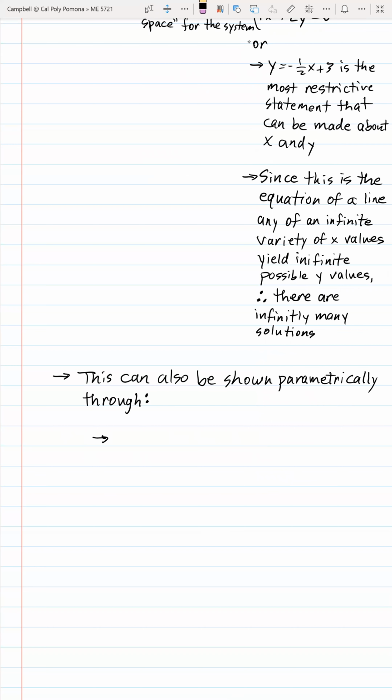And how can we do that? Well, let's just go ahead and introduce a parameter. Here, I'll introduce a very simple one. Y is equal to U. So U is now my parameter.